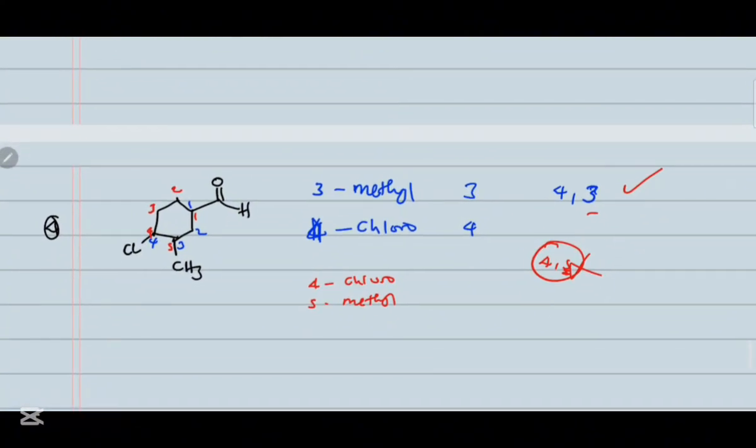So this molecule is named 4 chloro, 3 methyl, and then cyclohexane carboaldehyde.